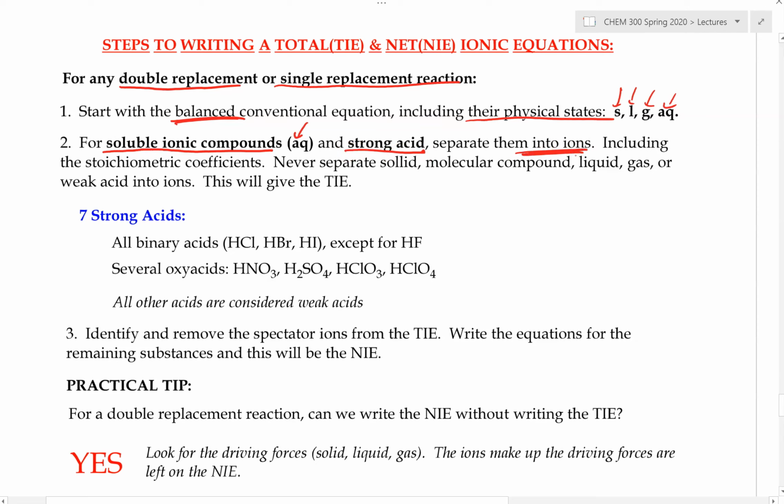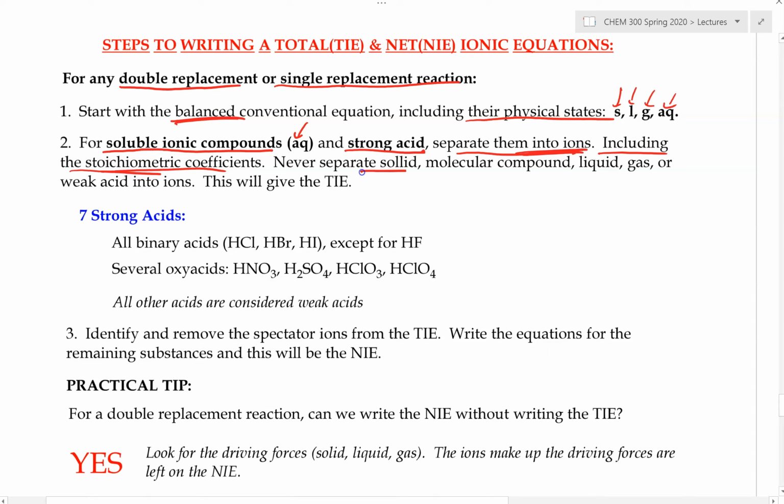Because soluble ionic compounds and strong acids are substances that, the minute we make a solution out of them, break up into individual ions. So to truly describe what is happening with them, we will separate them into ions. And make sure we also include the stoichiometric coefficient for them. For example, if I were to have 2 sodium chloride, a coefficient of 2 in front of the sodium chloride, then I now have 2 sodium plus and 2 chloride negative. So that's what this means, include their coefficient.